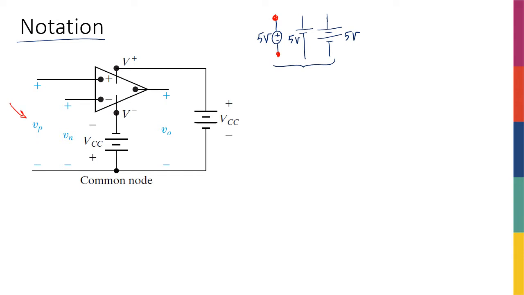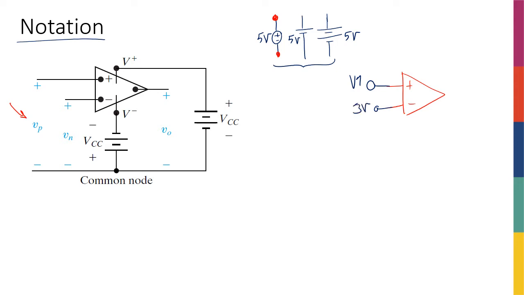So like when I say that here I have a VP, or I might even draw an OpAmp and say that, imagine I put a terminal here and say that here is V1, or I put another terminal here and say here is, I don't know, 3 volts, right?